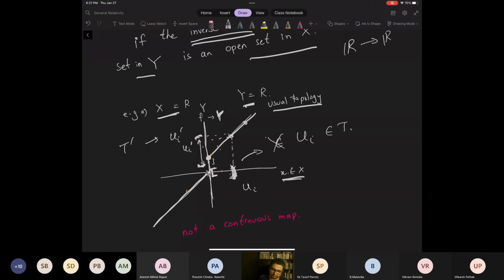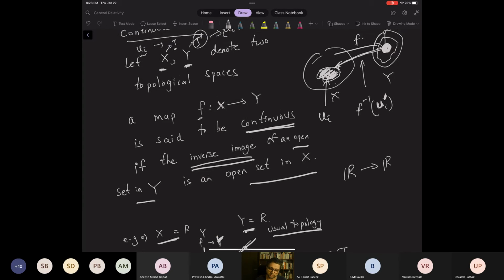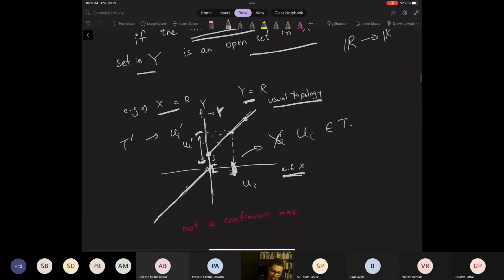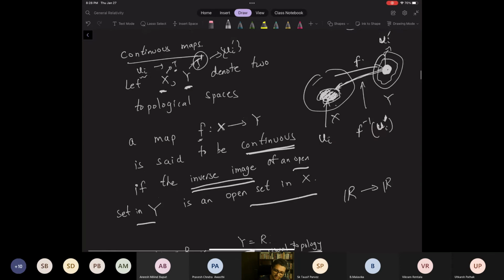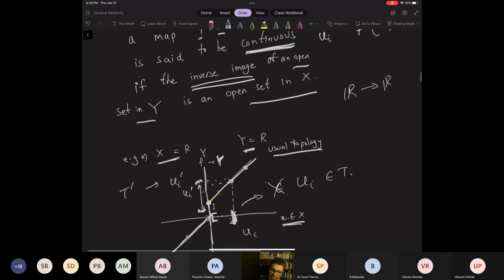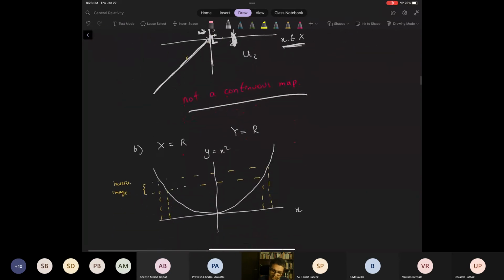And therefore this is not a continuous map by the definition of topology, and so either by topology or by functional analysis, you would call this not a continuous map. The definitions that we have for continuity between topological spaces are really the same, intuitively, as for the maps you'd have between, let's say, real numbers, or functions between real numbers.